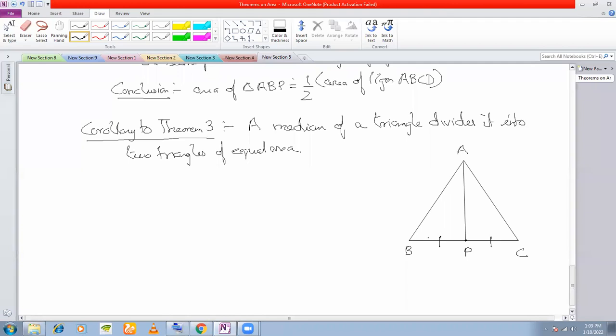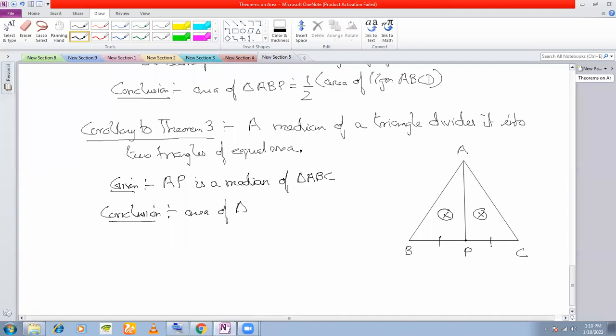Similarly, how many medians are possible in this triangle? Three medians are possible. I've drawn only one just to show you. If I give you that AP is a median of triangle ABC, then you can conclude that these two triangles, ABP and APC, must have equal area.